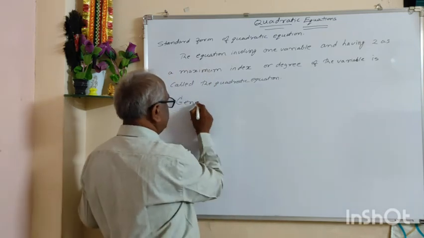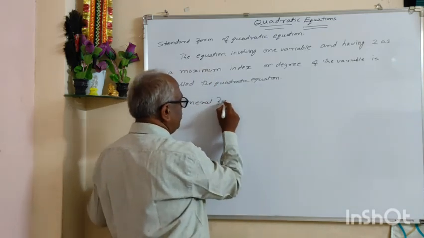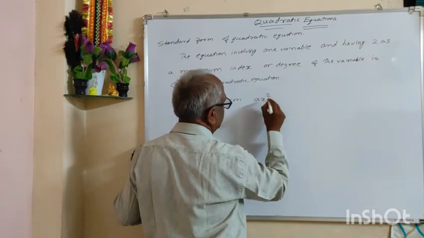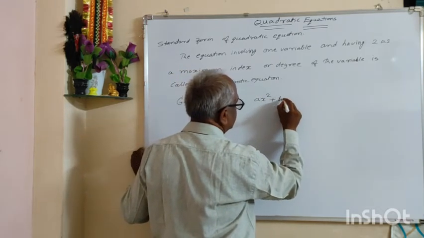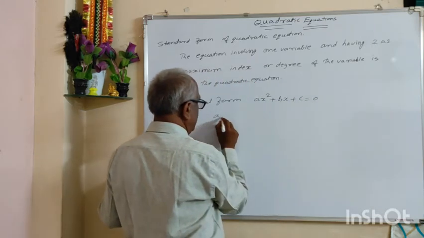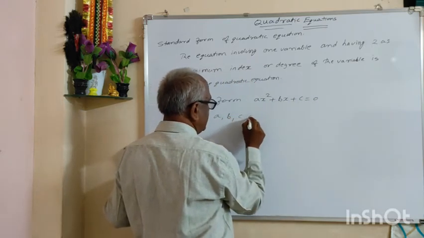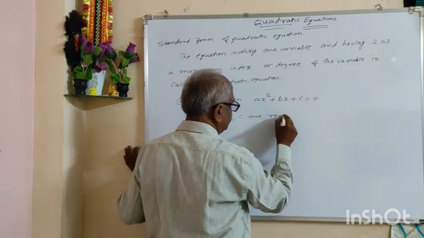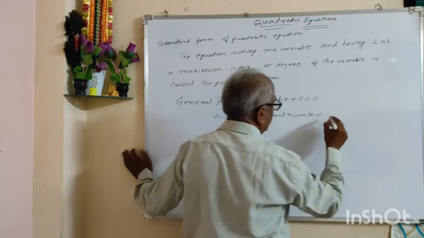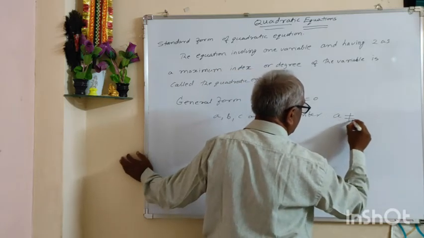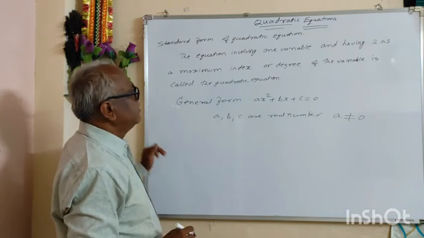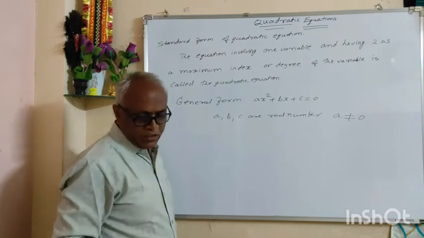The general form is ax square plus bx plus c is equal to 0, where a, b, c are real numbers, where a is not equal to 0. This is the standard form of the quadratic equation.